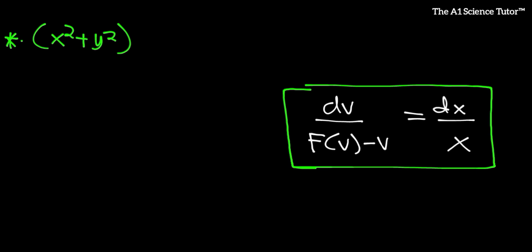Let's wipe this. So this is dx, and this is plus 2xy dy, and this is equal to 0, right?